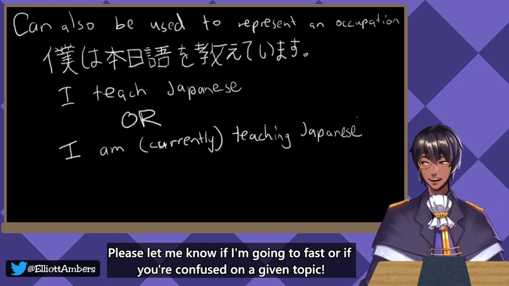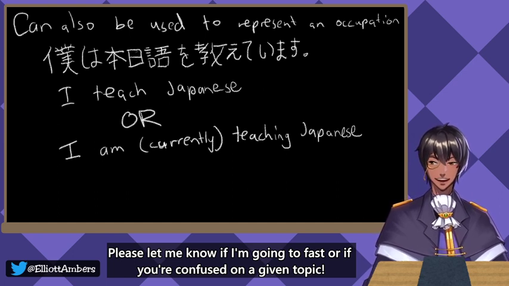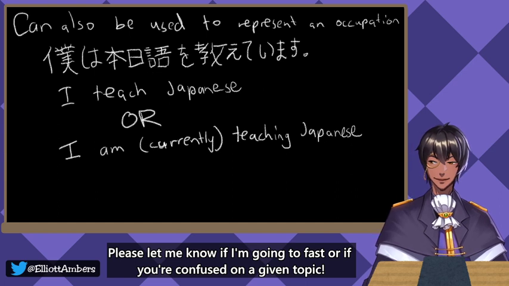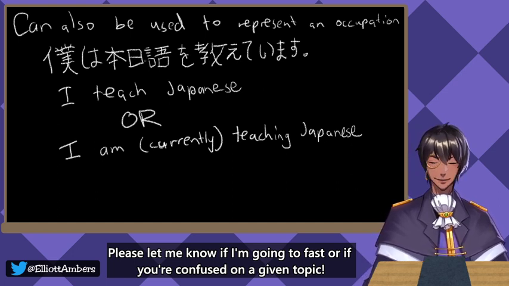So if someone came into my stream and asked me what I was doing, I could respond saying, 僕は日本語を教えています. I am teaching Japanese right now. I could say off stream that on Thursdays, I teach Japanese by saying the same sentence, because it depends on the context in which we are doing this.